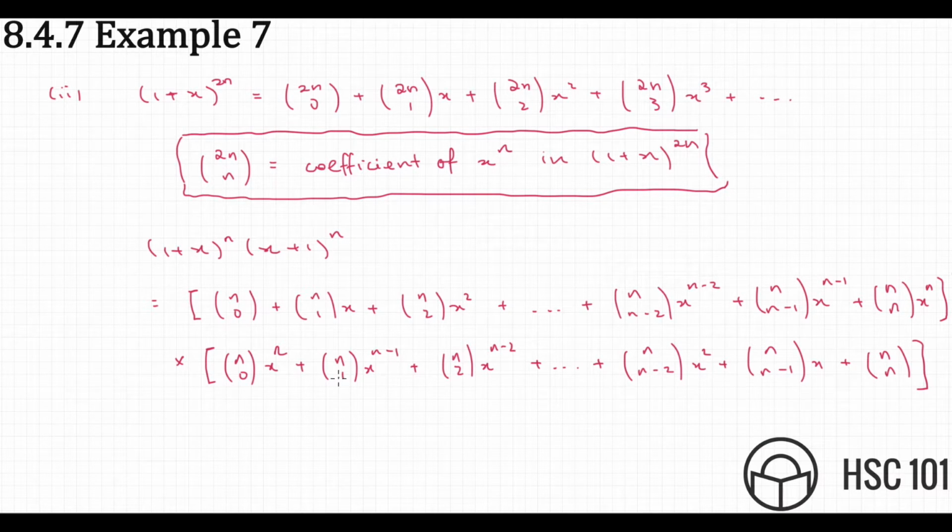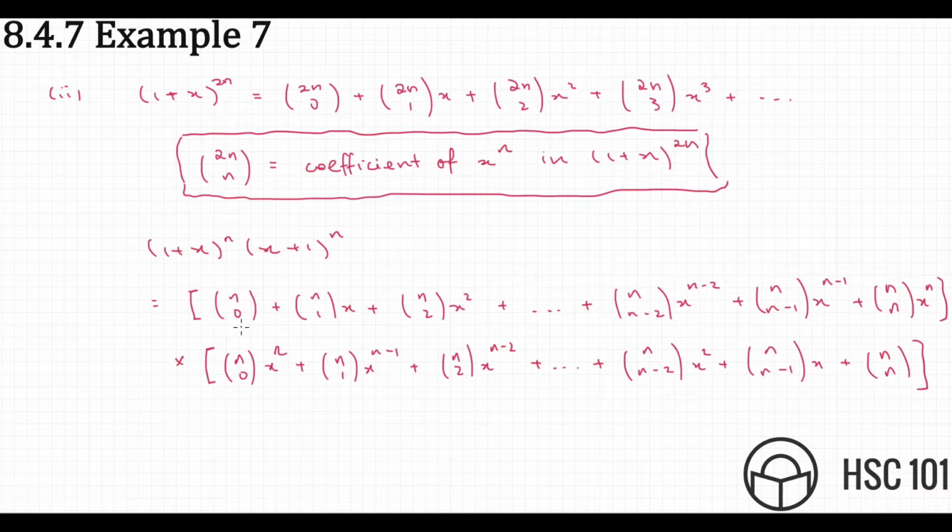And this is perfect, because the way that we wrote this expansion couldn't have been better. You can see that if I'm multiplying every term in the first bracket with every term in the second bracket, and our focus is on the x^n term, let's ask ourselves: how do we get the x^n term?